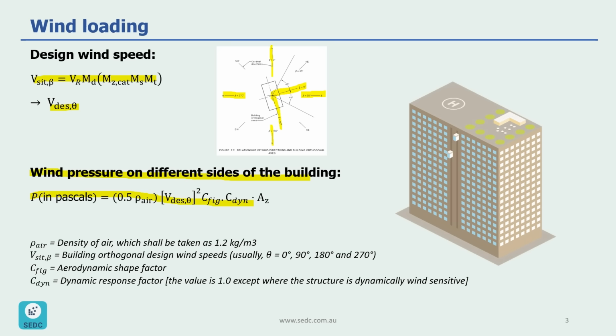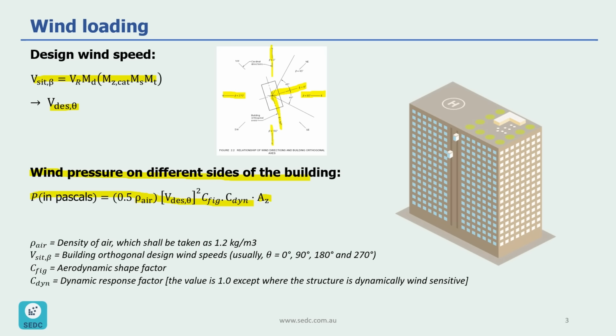P, or wind pressure, is measured in Pascal and is a factor of rho, which is the density of the air, 1.2 kilograms per cubic meter; V design, theta, which we have explained before; C fig, which is the aerodynamic shape factor, which we are going to go into a lot of detail in the next few slides; and then C dynamic, which is the dynamic response factor, which is usually 1, except where the structure is dynamically wind sensitive. This is usually the case for very tall buildings. And then we have A_z, which is the tributary area for the wind.